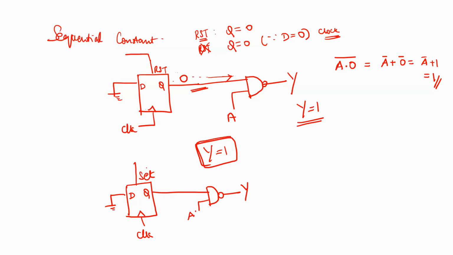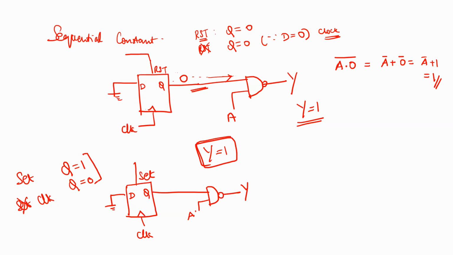Here, kindly pay attention. When set is applied, Q will be 1. When set is not applied and there is a clock, Q will be 0. That means Q is taking the value of both 0 and 1. So you don't know when Q is going to become 1, when Q is going to become 0.